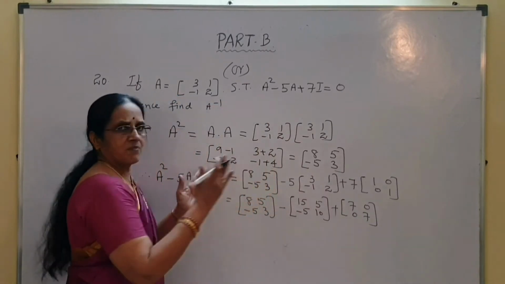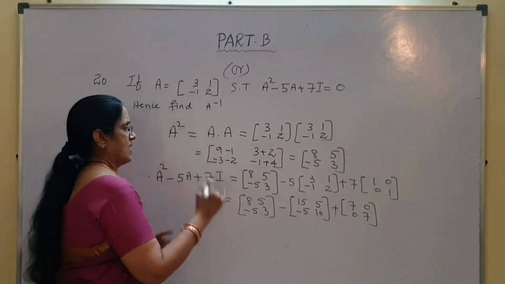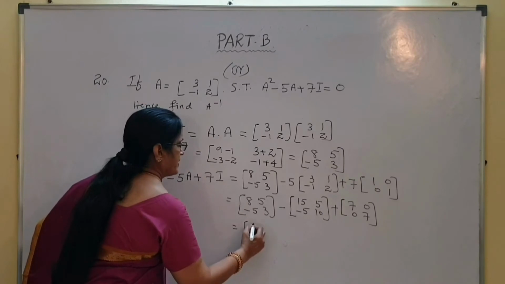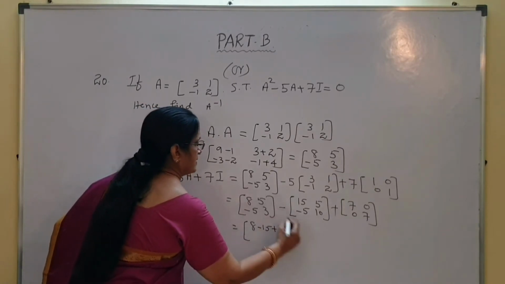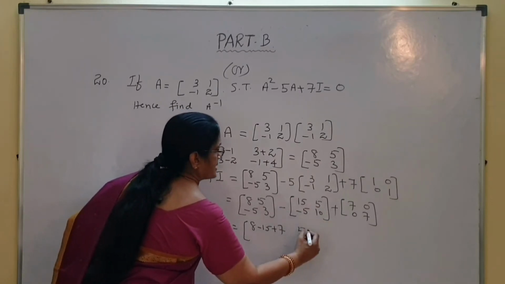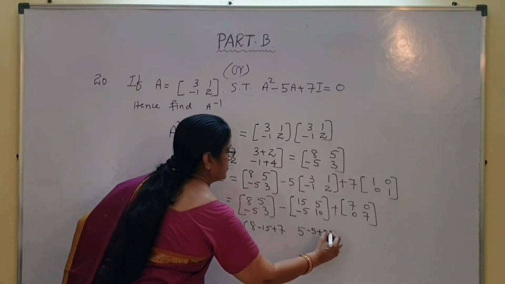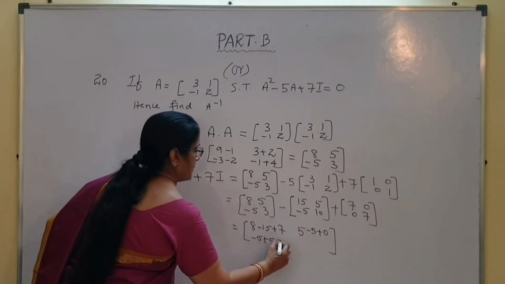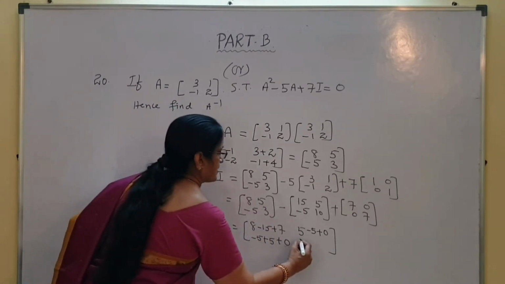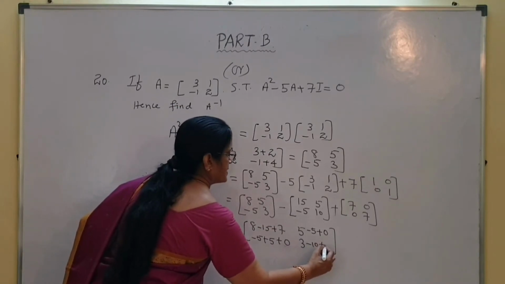Now, let us combine the corresponding terms. I will be getting 8 minus 15 plus 7. Then 5 minus 5 plus 0. Minus 5 plus 5 plus 0. 3 minus 10 plus 7.